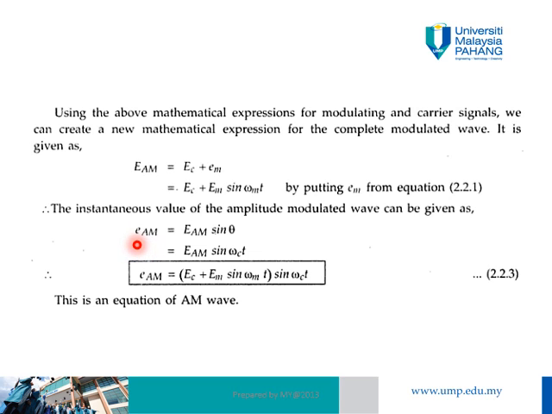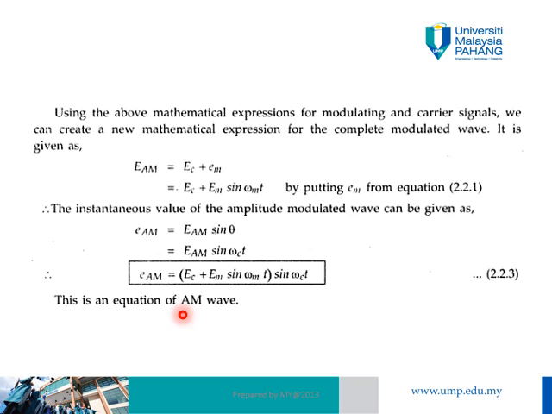This is the instantaneous value of the amplitude, and this is the equation for the AM envelope, the modulated signal, which is the amplitude times sine omega c t.